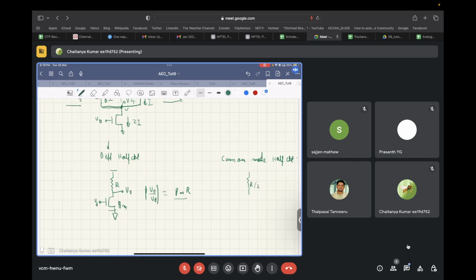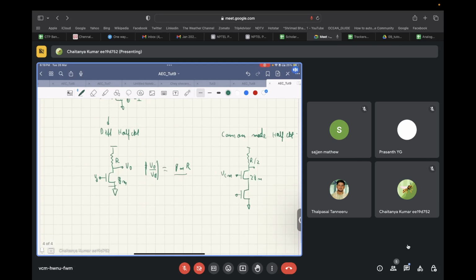That results in the following circuit. We have R by 2 over here, we have 2 GM as the input transistor, and we have one more circuit down over here.